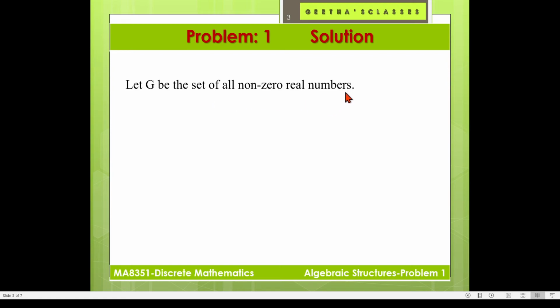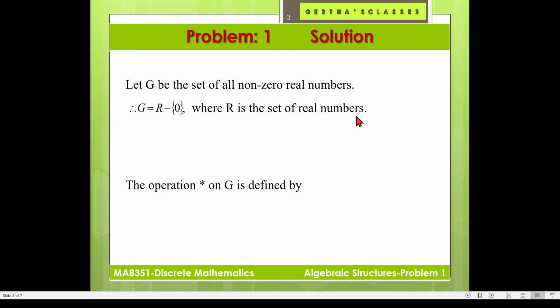Real numbers means the notation is capital R. So non-zero means you have to remove 0 from the real numbers. So let us take G equal to R minus the singleton set {0}. Here capital R is the set of all real numbers, right?